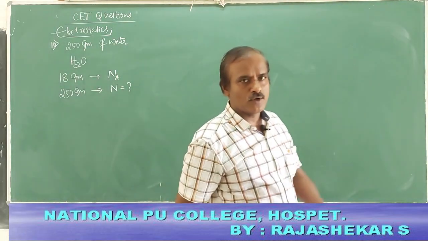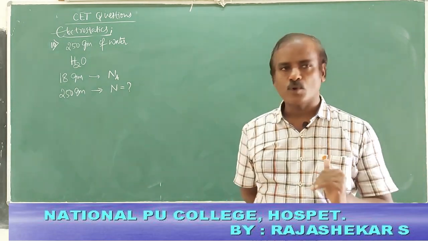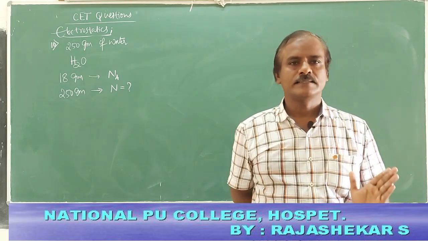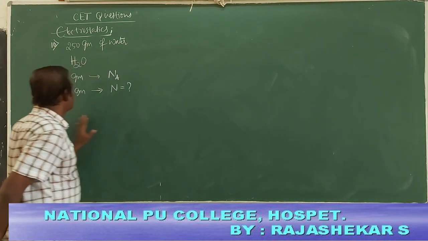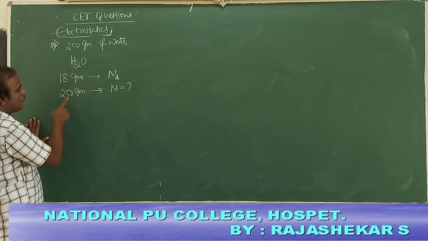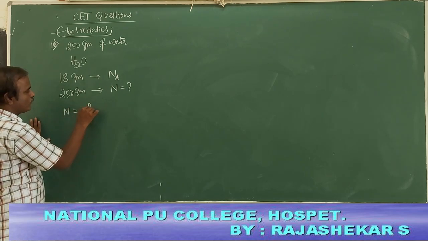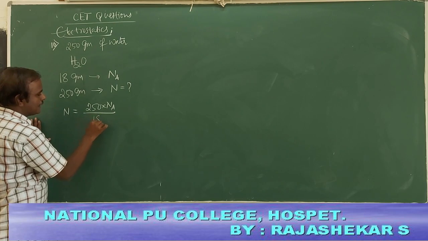What is Avogadro number? It is the number of atoms or molecules corresponding to the atomic mass or molecular mass of the given substance. Okay, it is a fixed value. So to find n, the number of molecules for this mass, n is equal to 250 gram into Avogadro number divided by 18 gram.